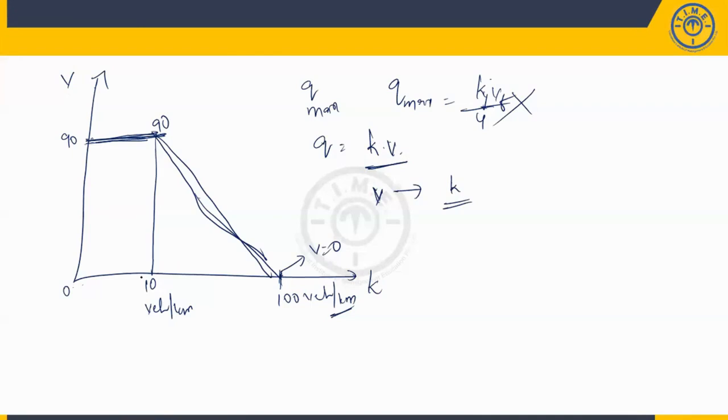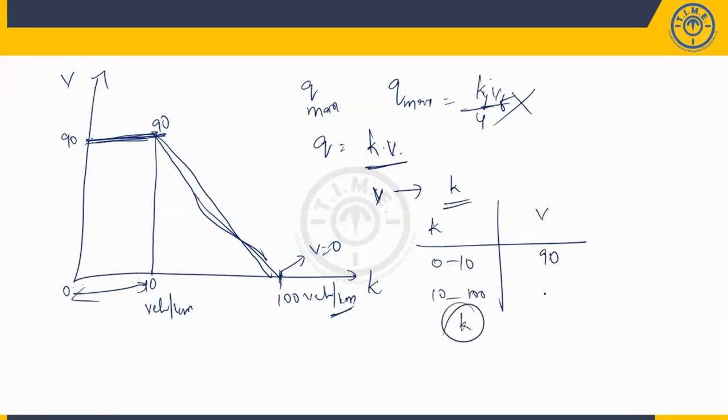So what I am doing is, from 0 to 10, K is from 0 to 10, V is 90. And from 10 to 100, let the K be any value. V is how much for any value in between this?